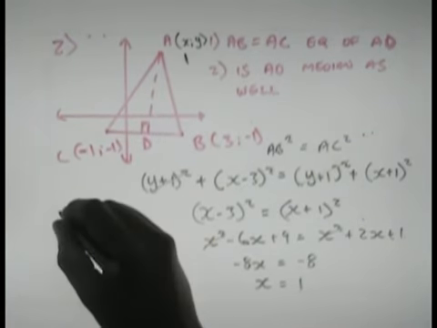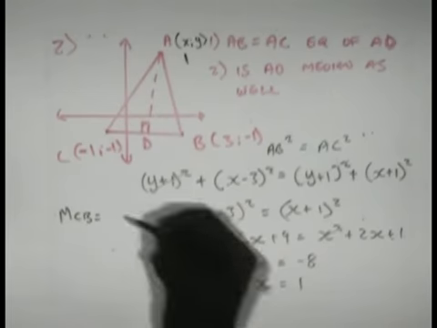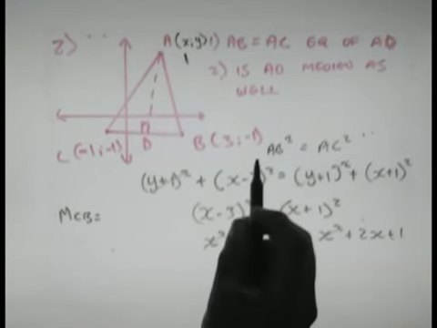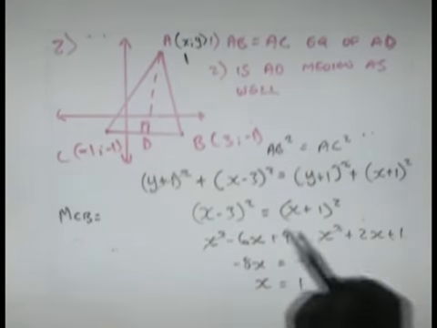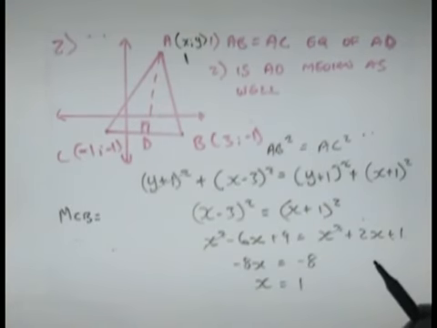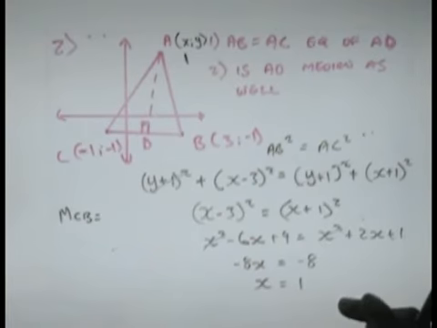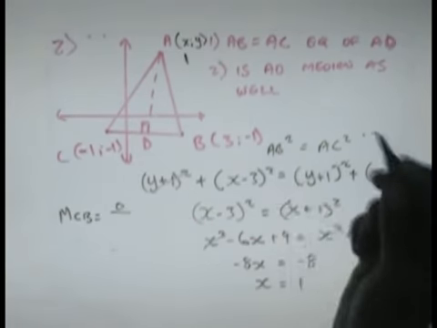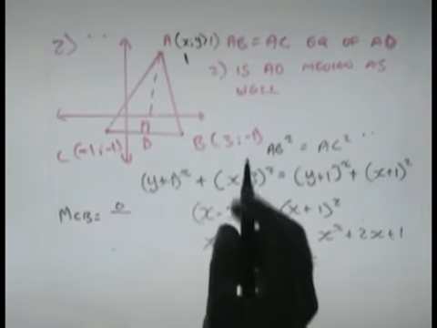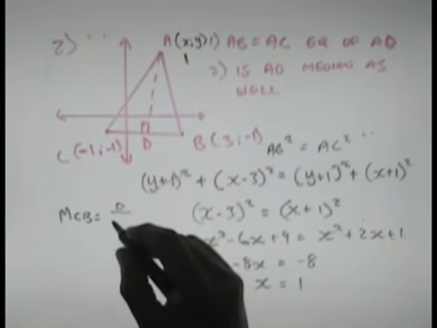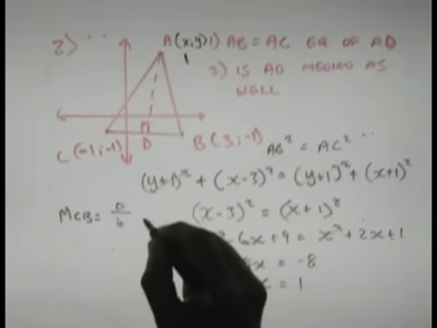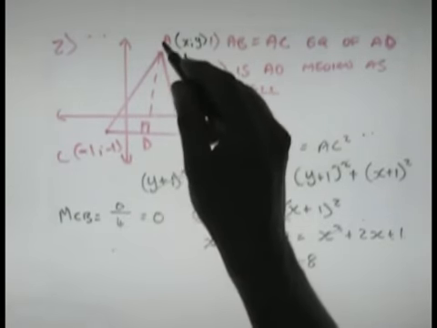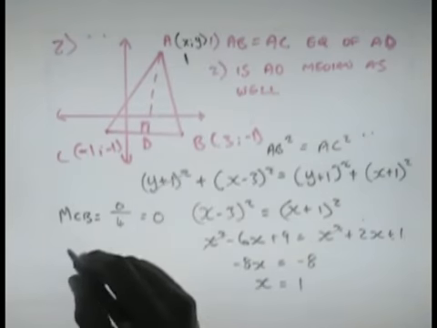The gradient M of CB is equal to y2 minus y1, which is going to give me negative 1 minus minus 1, or negative 1 plus 1, which is 0, over 3 minus minus 1, or 3 plus 1, which is 4. So my gradient is 0. That means that my opposite gradient is undefined.